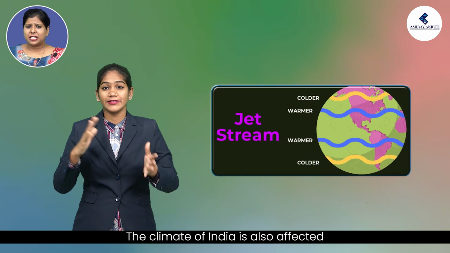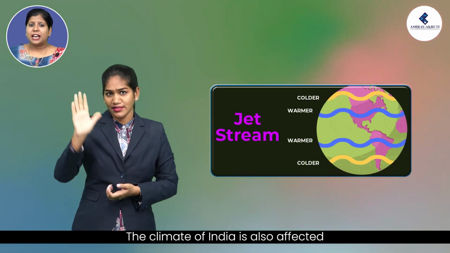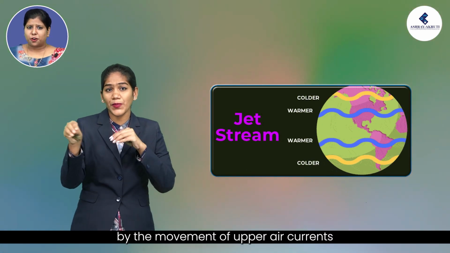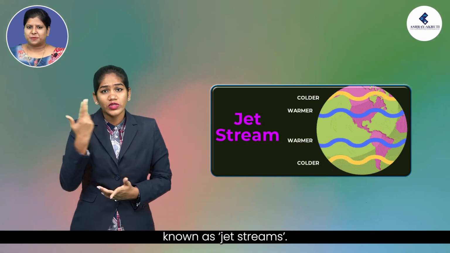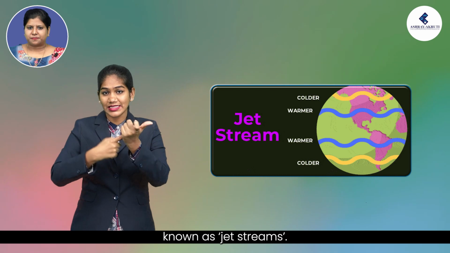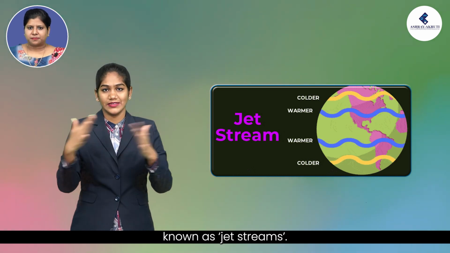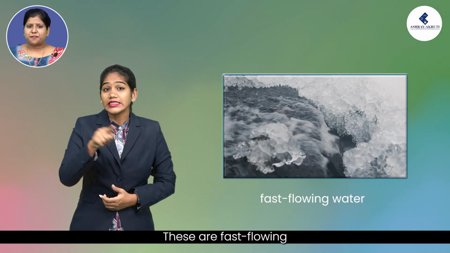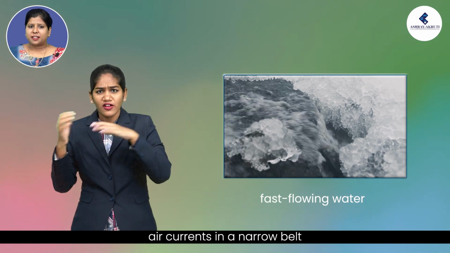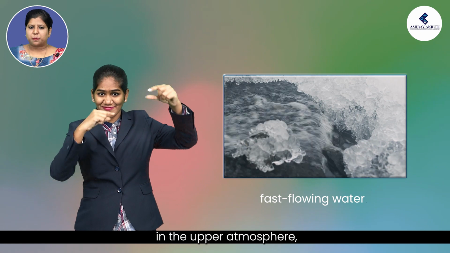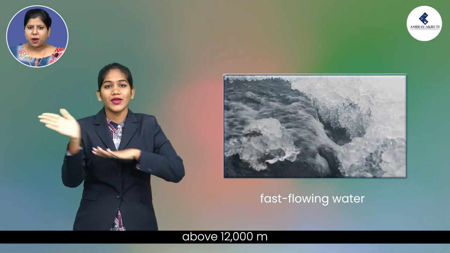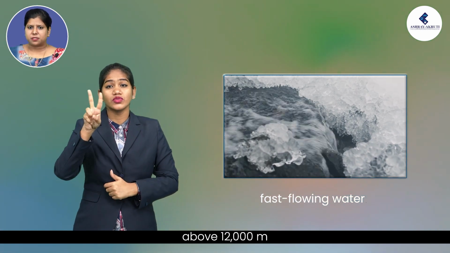The climate of India is also affected by the movement of upper air currents known as jet streams. These are fast flowing air currents in a narrow belt in the upper atmosphere above 12,000 meters.